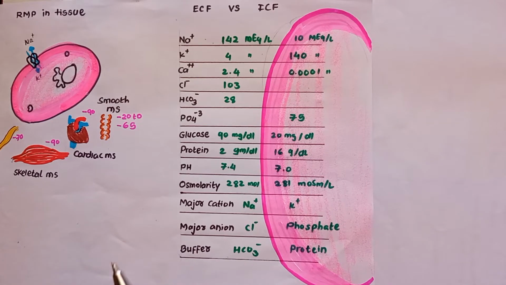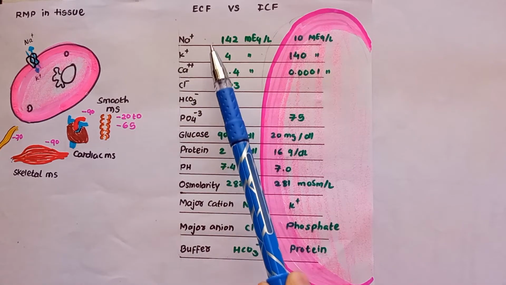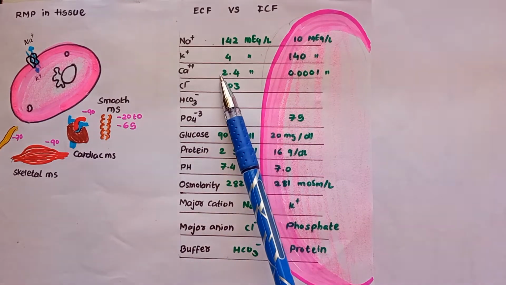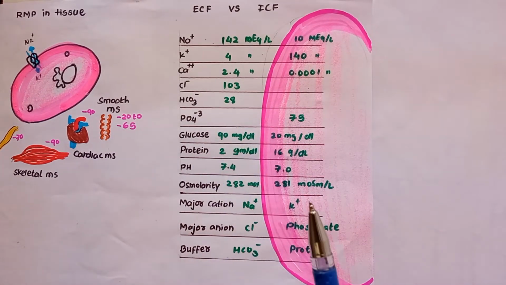Now there is some difference, and this difference is concerned with the constituents of the cellular fluid. We know that sodium is present outside and inside the cell. Potassium is also present in intracellular and extracellular fluid, but the amount of all these ions is different.